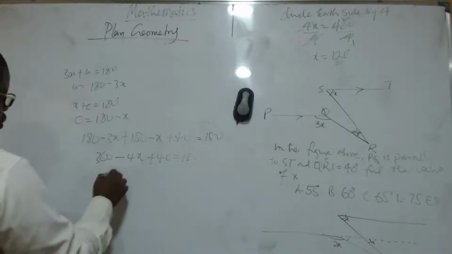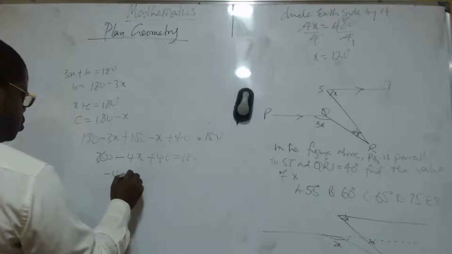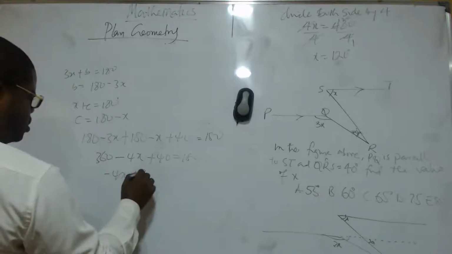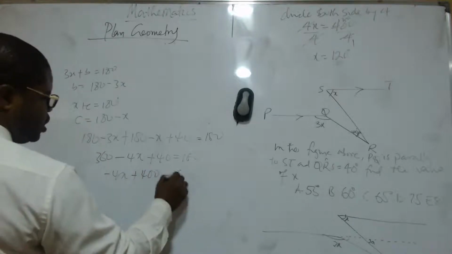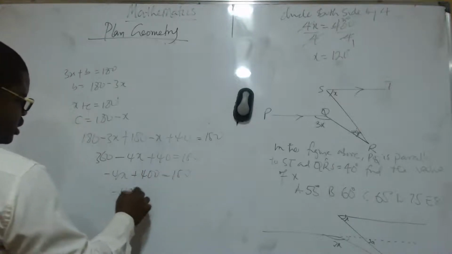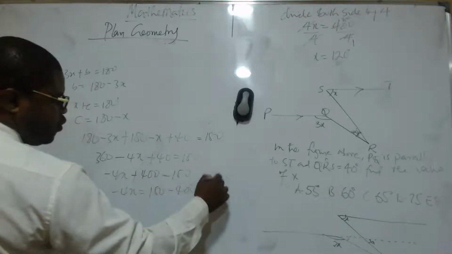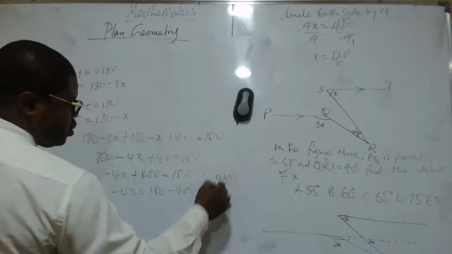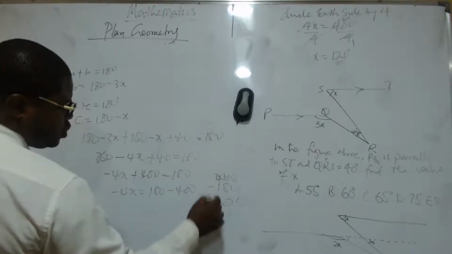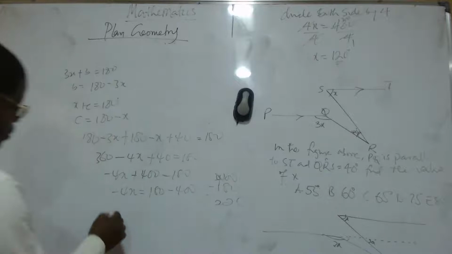So you're going to have minus 4x equals 180 minus 400. 400, 180. Okay?